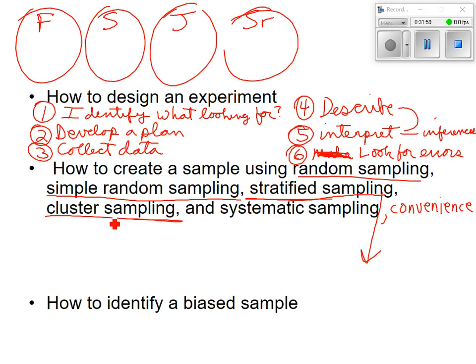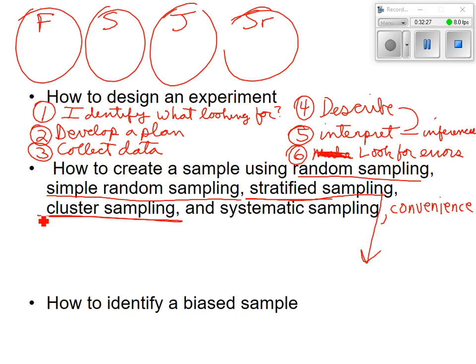How about a cluster sample? How could we come up with an example of a cluster sample? It has members from randomly selected segments of a population. So what if we were going to do the school here? How could we do that right now, this moment? Would we just pick random people?